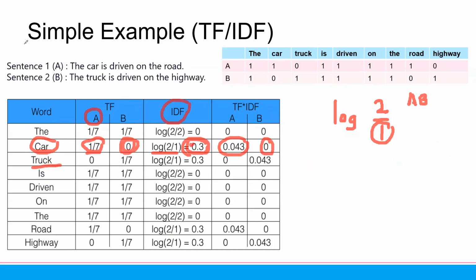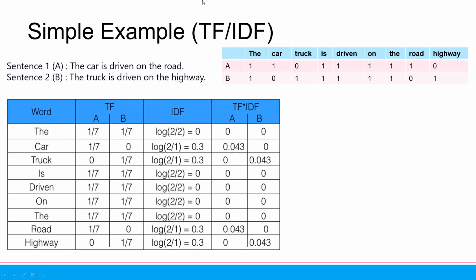Truck. The word truck is available in document B, but it is not available in document A. And we can calculate like this one. For A it is 0, for B it is 1 over 7. And again, for the log, we have two documents.